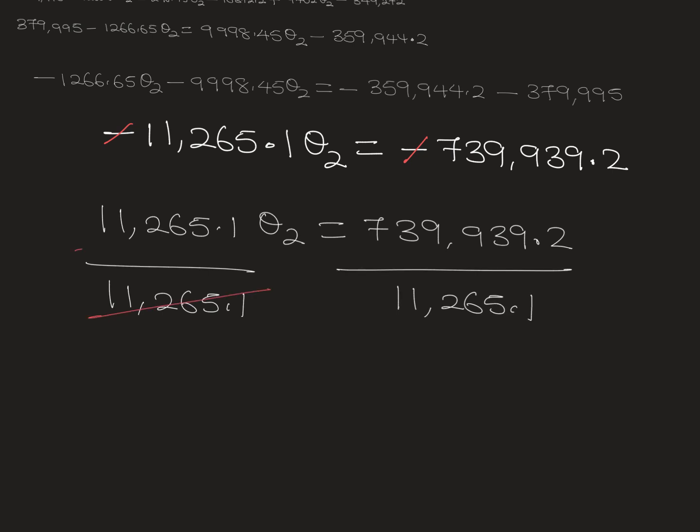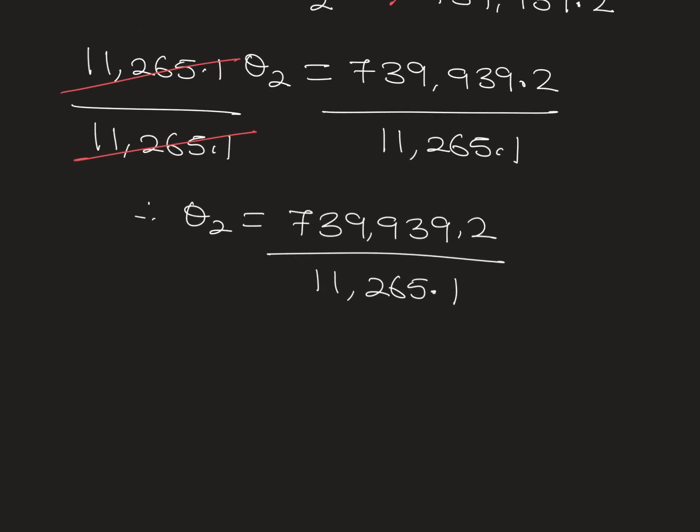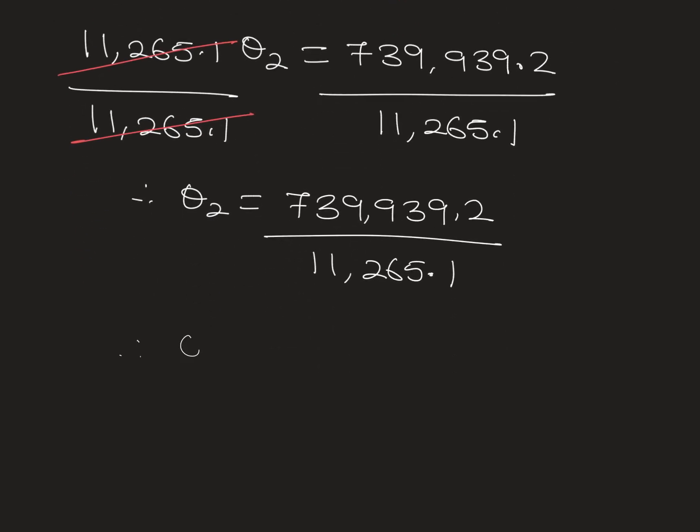So this will cancel this. Therefore, theta 2 is equal to 739,939.2 divided by 11,265.1. So theta 2 is equal to 65.7 degrees Celsius.